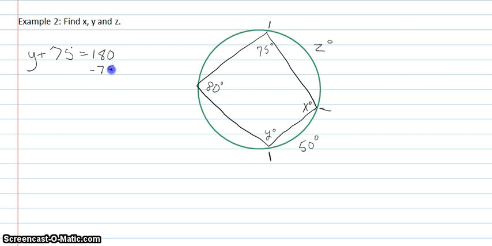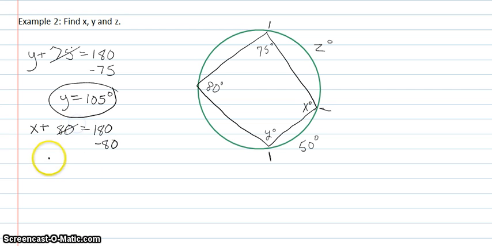So if I subtract 75 to move it to the other side, I find that y equals 105 degrees. Then for x, I know that x plus 80 would also add up to 180 degrees. So x plus 80 equals 180. Subtract the 80, move it to the other side. So we know that x equals 100 degrees.